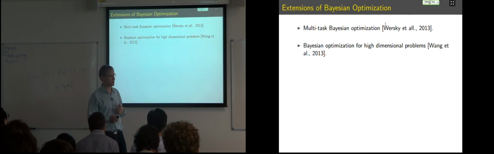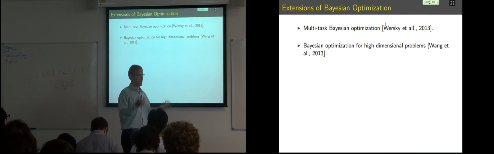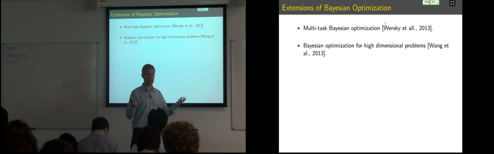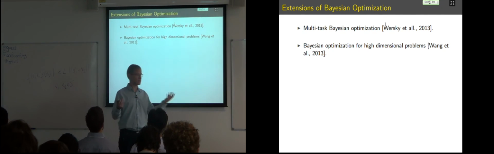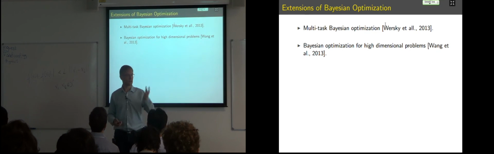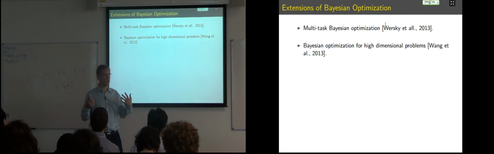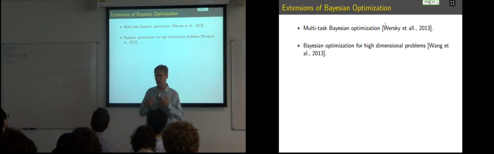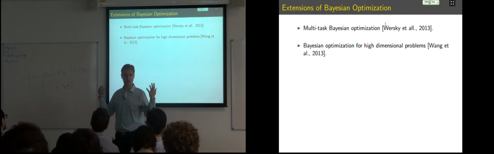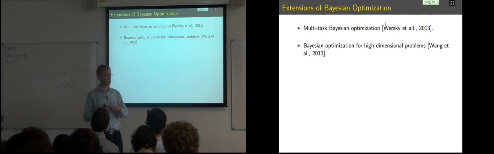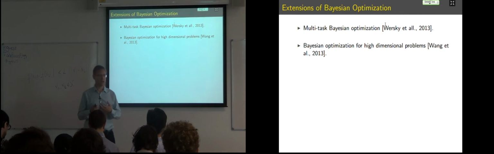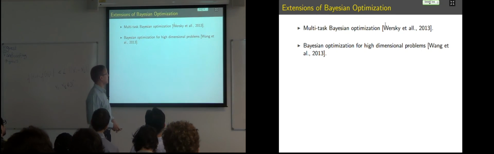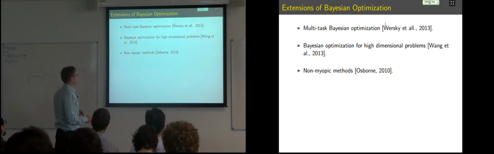So you can say, well, I think that the effective dimension of my function is actually smaller than the dimension of the domain in which it's defined, and you can do things like REMBO, Ziyu Wang, Nando de Freitas, or you can say, well, I'm going to go for an additive model, right? I'm going to try to have a model that generalizes better across the domain in which it is defined, and I'm going to use that in the optimization. So there are different things you can do, and those are just some examples.